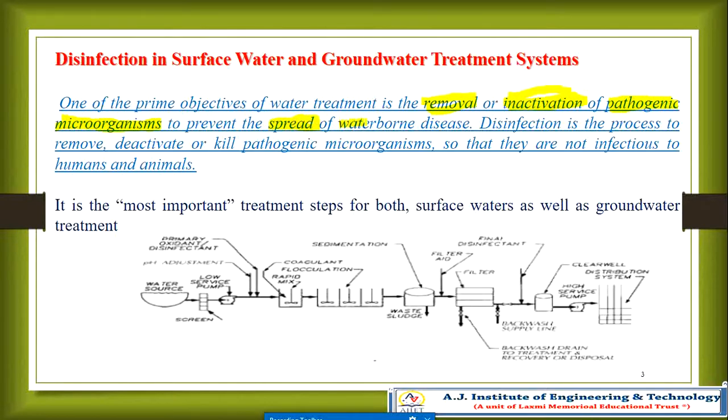You all know what waterborne diseases are. So this is the prime objective.